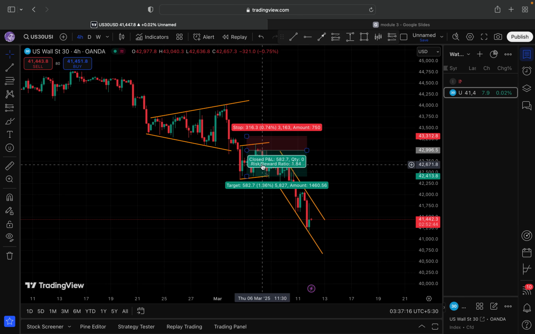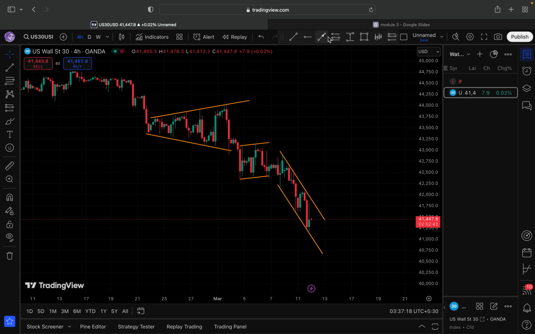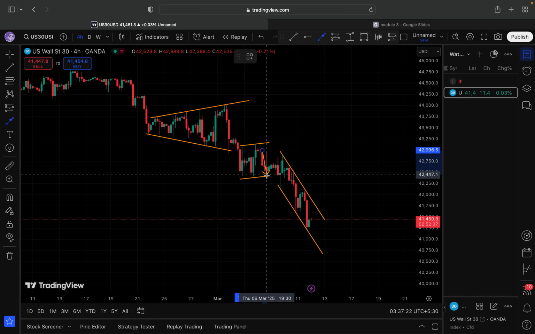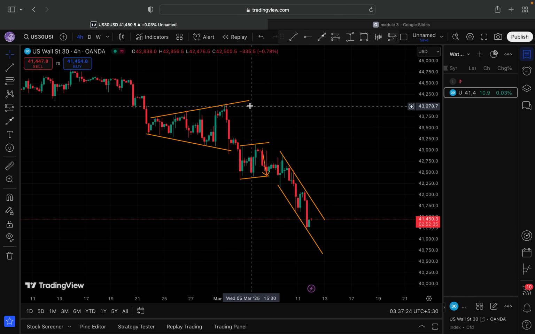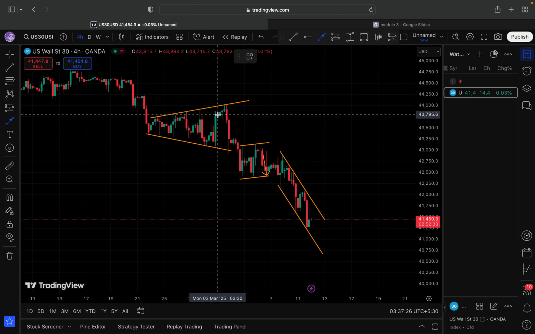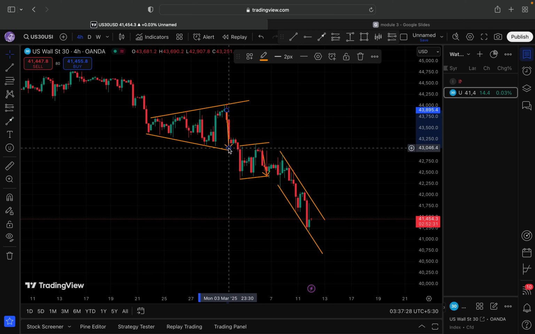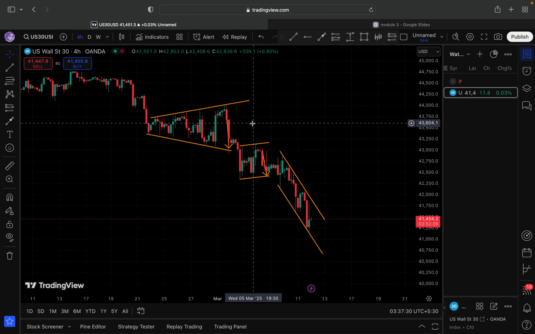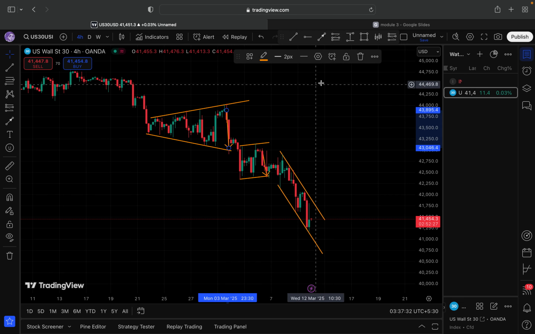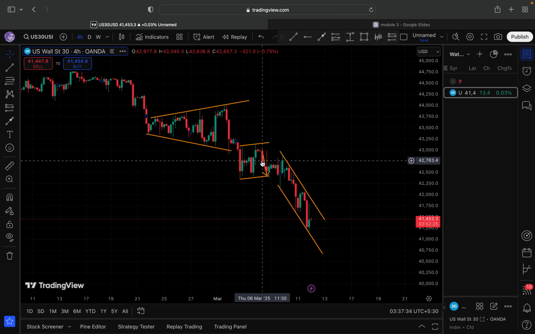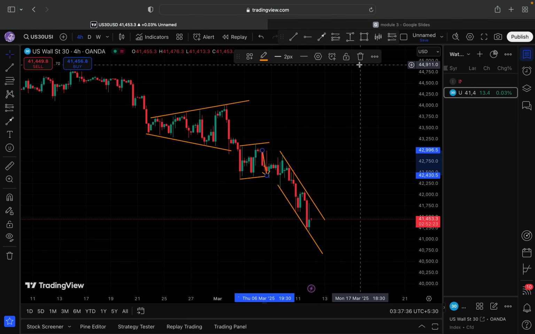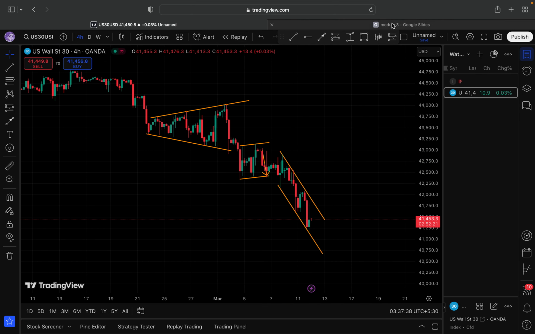Okay, now you can forecast your trade for a sell. Simply draw your line going downward. You forecast your trade for a sell. That is it. You show your bias of where you see the market heading to. You trade what the market is doing.